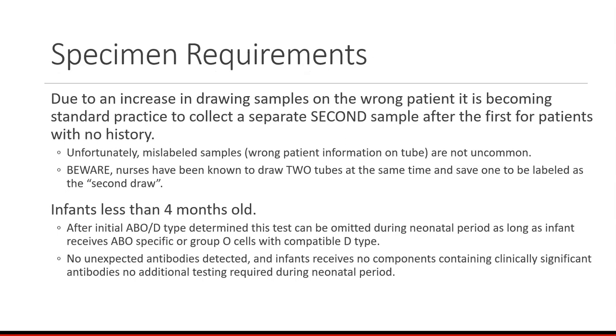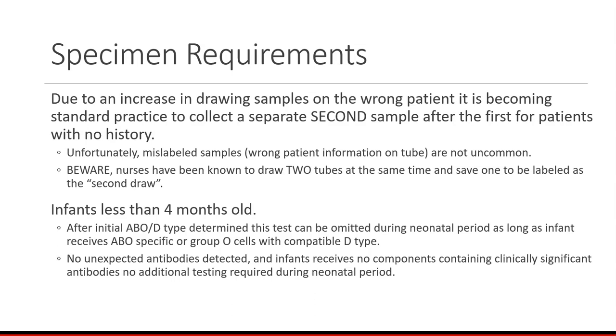Due to an increase in drawing samples on the wrong patient, it's becoming standard practice in the field of transfusion medicine to collect a separate second sample after the first for patients with no history. What this means is a lot of institutions have gone to letting the nurses draw the blood, and they will draw the sample and send it to the lab.